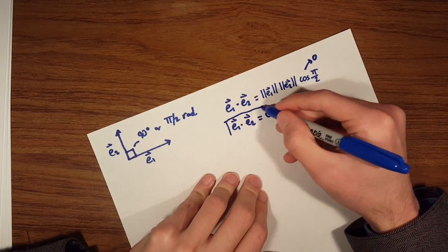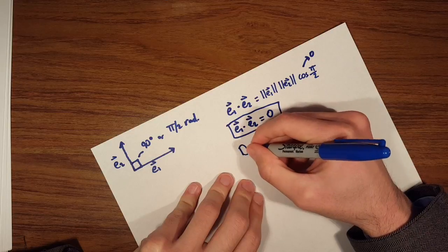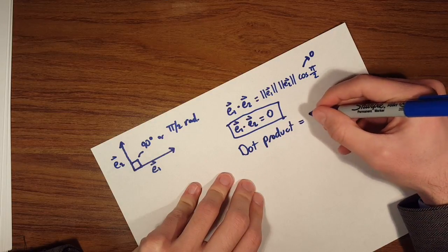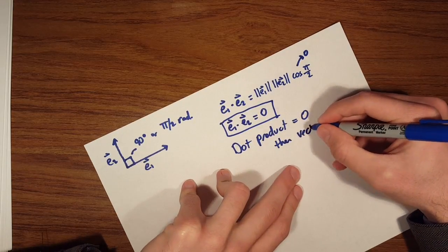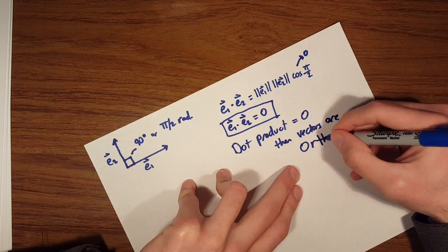And this is an important feature of the dot product. If the dot product of two vectors is 0, then the vectors are orthogonal.